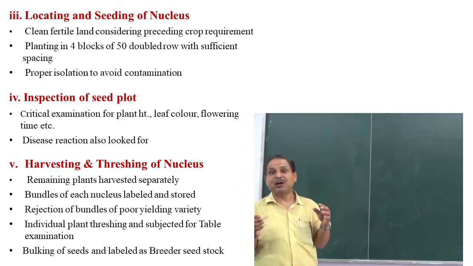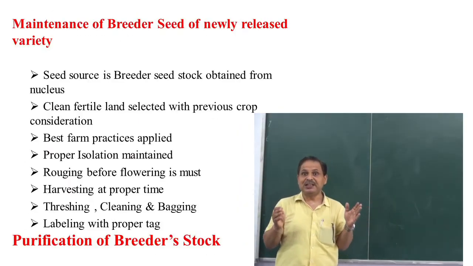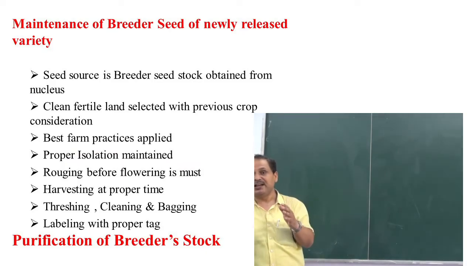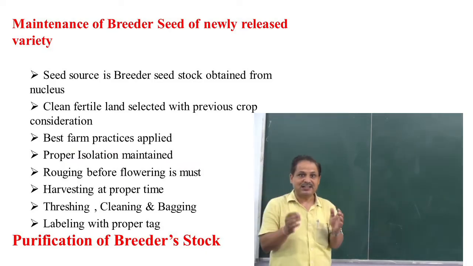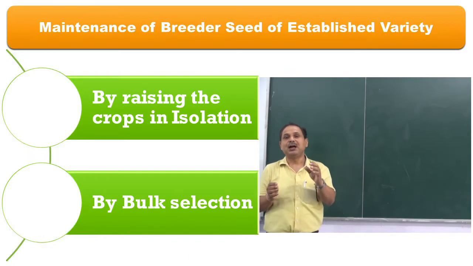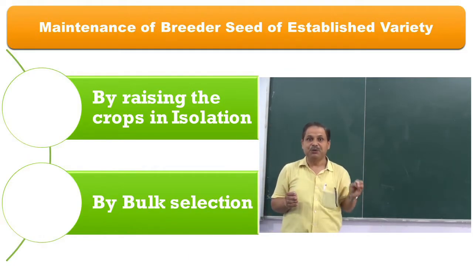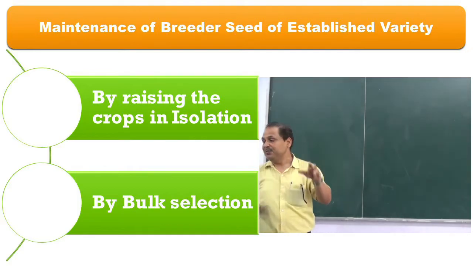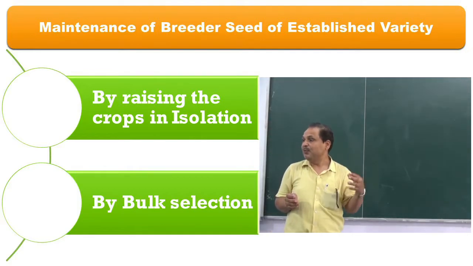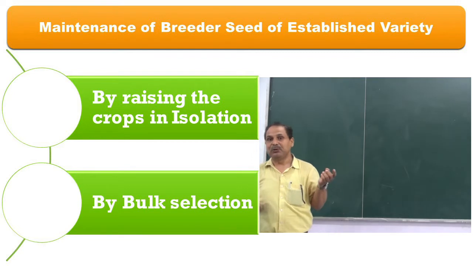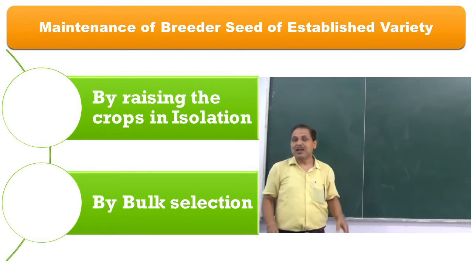So preceding crop requirement is a must. We check the lands. We select those lands which are free from any weed seeds, and where the same crop was not previously grown in that particular plot.